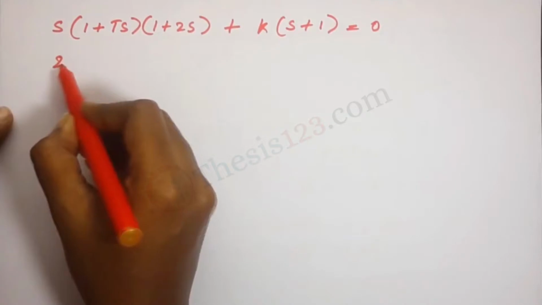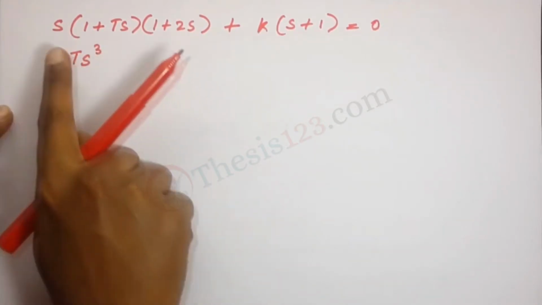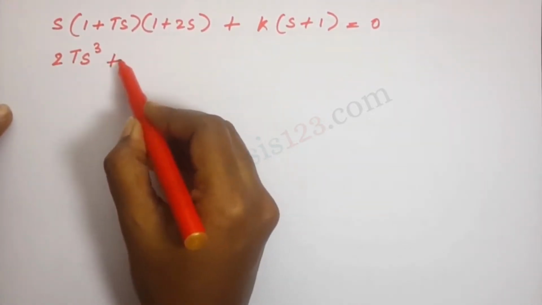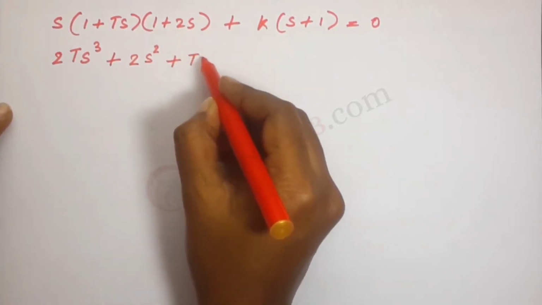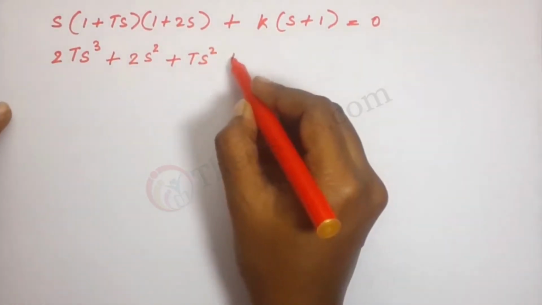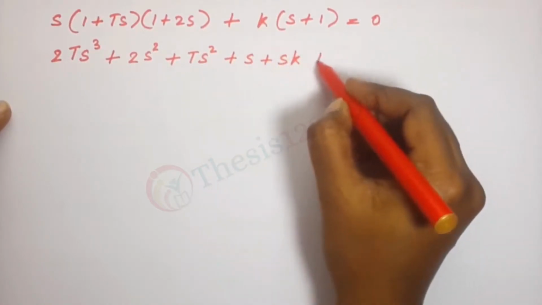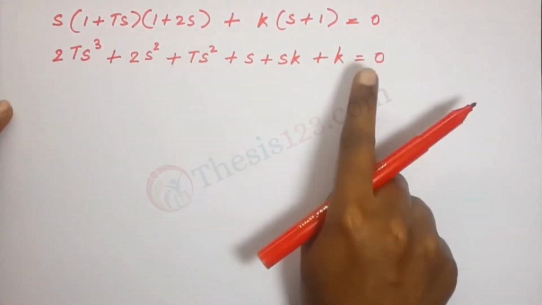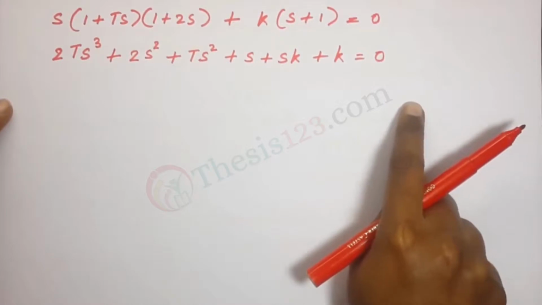We have 2ts cube, so that's s times s times s, 2ts cube plus 2s square plus ts square plus s plus sk plus k is equal to 0. Now I've opened up the brackets and I have written it down.